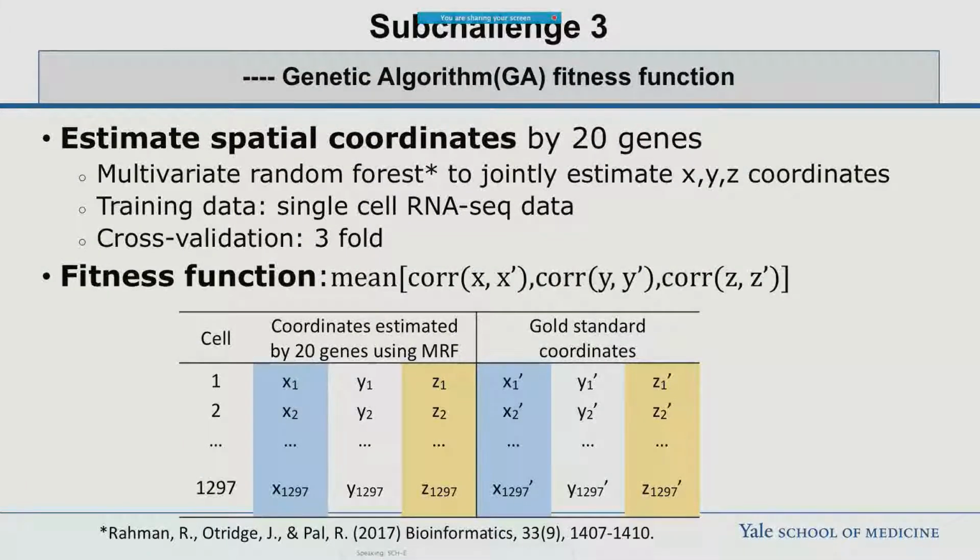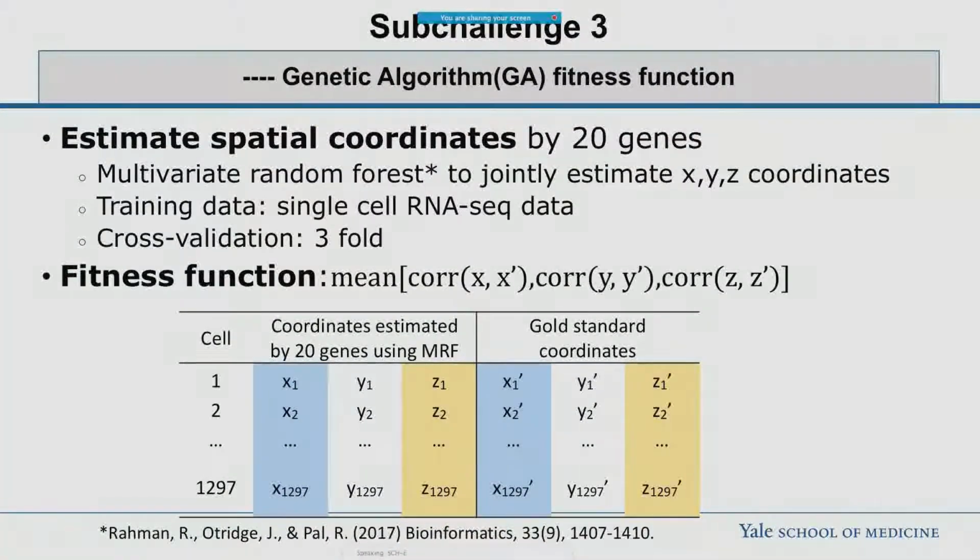So how do we define fitness in our GA algorithm? First, we estimate the spatial coordinates using the single-cell RNA-seq data. We use a method called multivariate random forest, developed in 2017 by Dr. Raman's group. This method is based on decision trees.